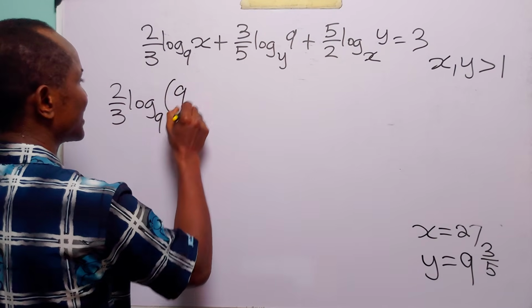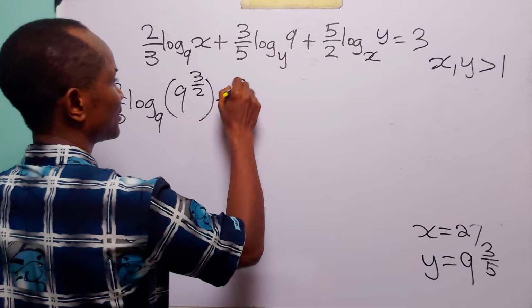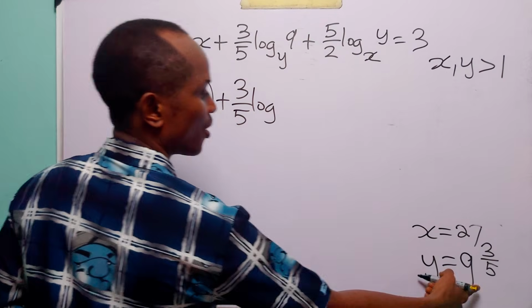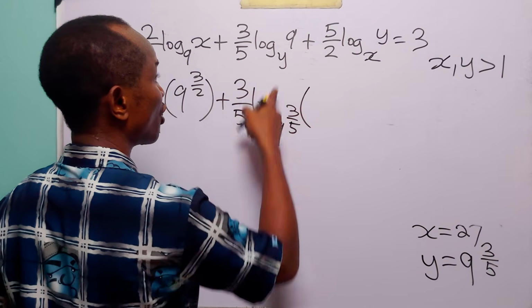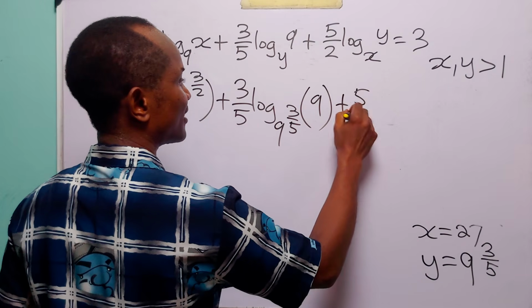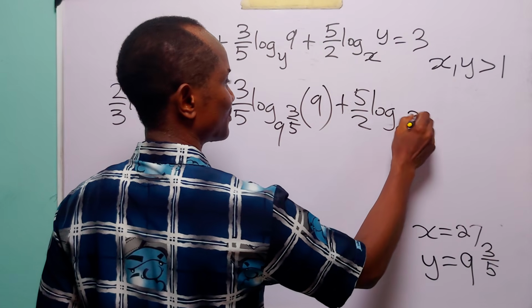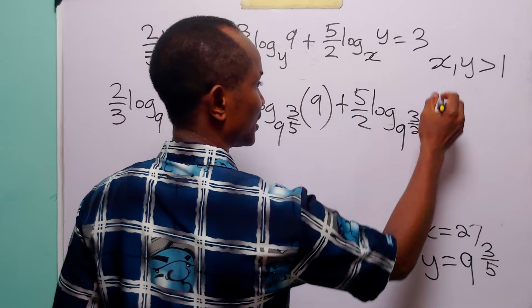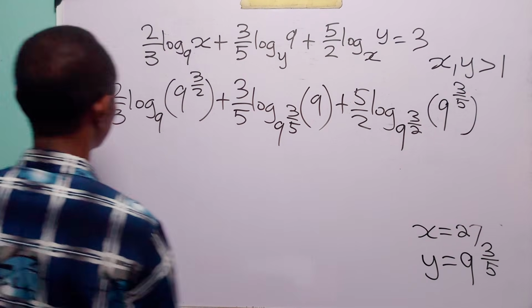So here we have 9 to the power 3 over 2 plus 3 over 5 times log to base 9 to the power 3 over 5 of 9 plus 5 over 2 times log to base 9 to the power 3 over 2 of 9 to the power 3 over 5.